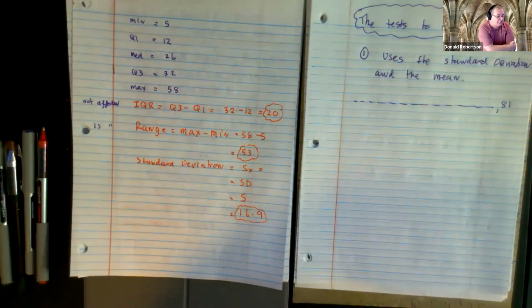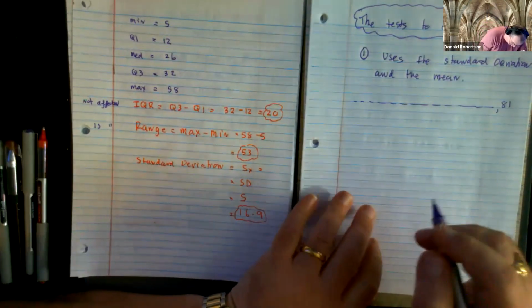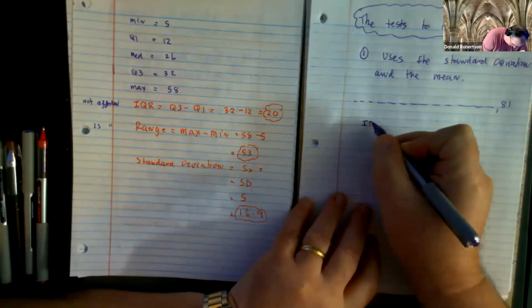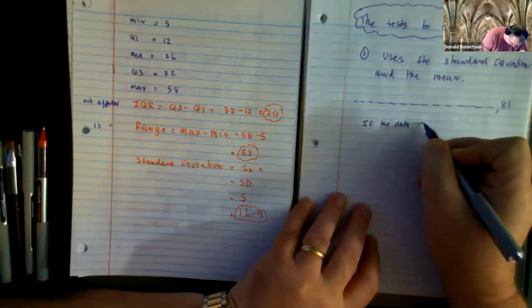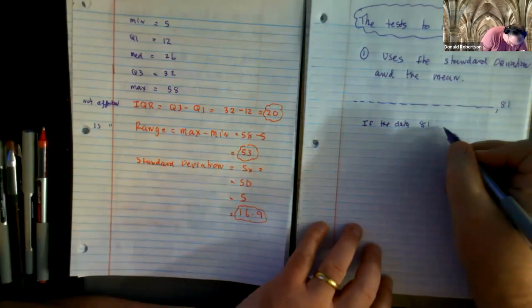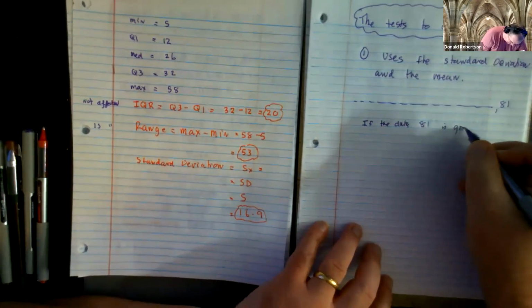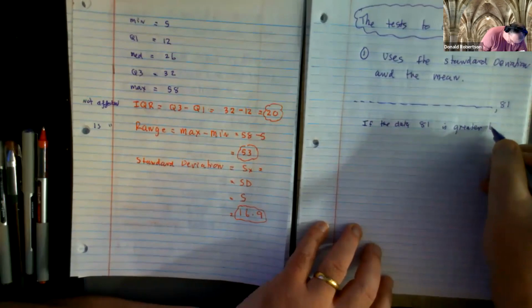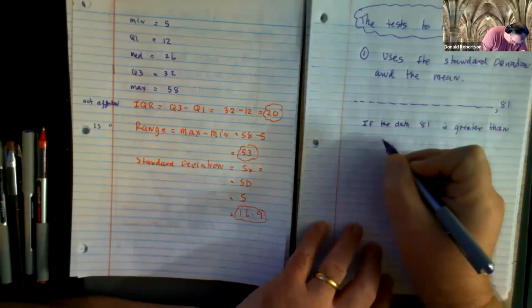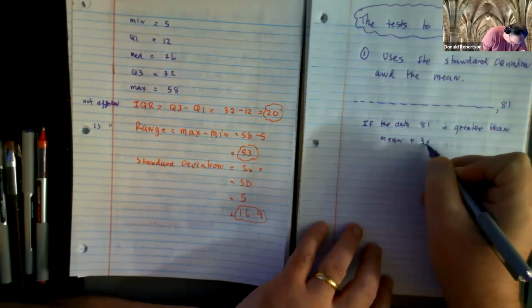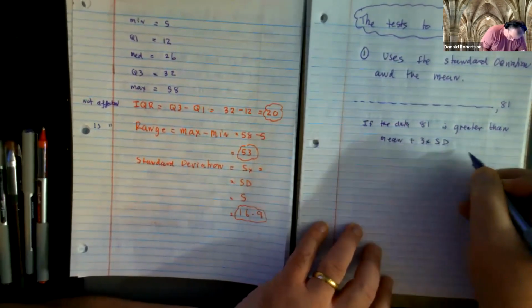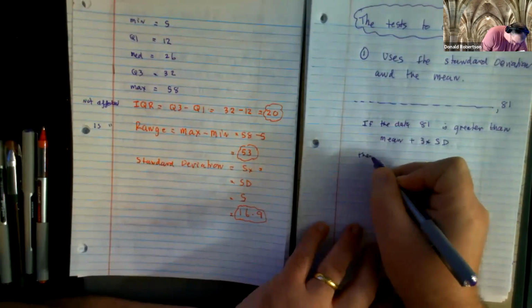And we'd like to test if 81 is an outlier, right? The test says the following. If the data, in this case 81, is greater than the mean plus 3 times the standard deviation, then it's an outlier.